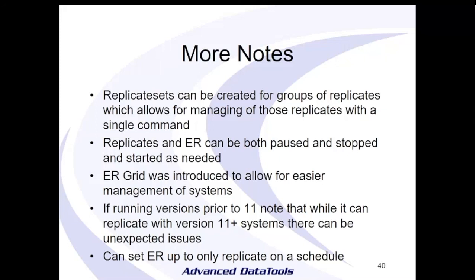I really recommend, if moving to 11 is a possibility, going that route. But if you're still running 10, just be aware that they have done a lot, especially in version 11, but every iteration since then, to make ER faster and more stable. They have all kinds of bug fixes that they have put in, and it is worth it to upgrade if that's a possibility.